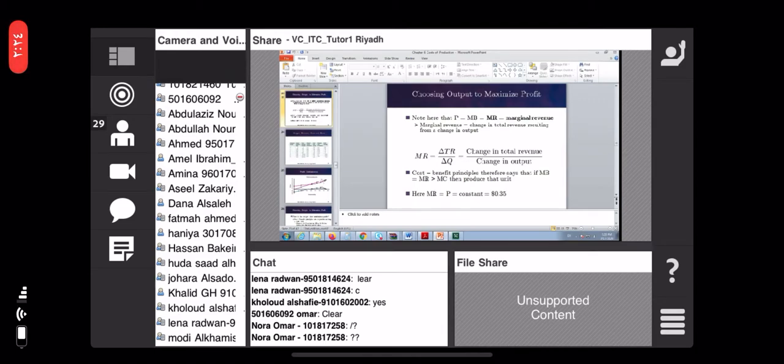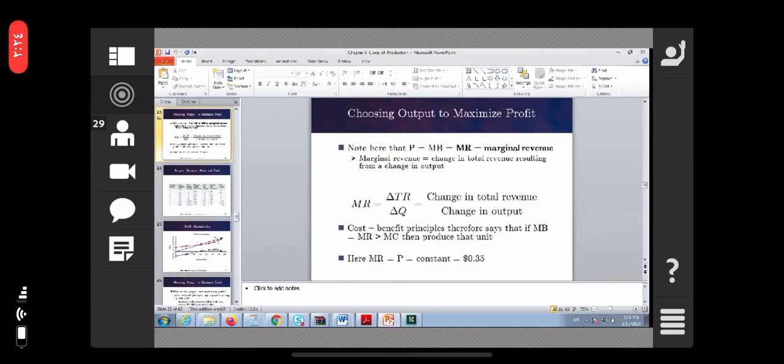Marginal revenue means change in total revenue resulting from a change in output, similar to marginal cost, similar to marginal product.